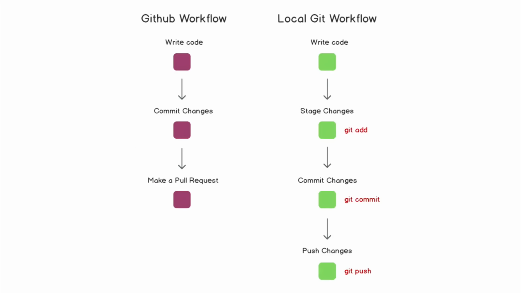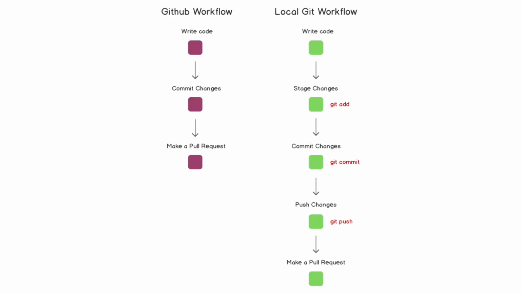And then we pushed them to the remote repository on GitHub using the git push command. And that updated the code in the GitHub repository with our changes that were made locally. And then, just like before, if we didn't have access rights or we needed a code review before we merged changes in, we'll need to make a pull request.